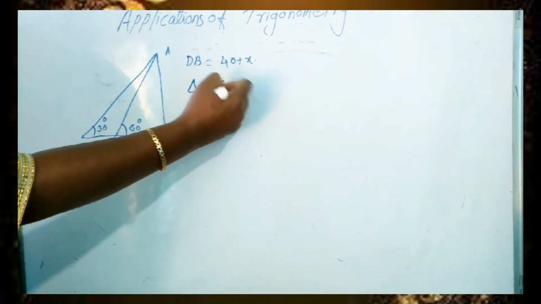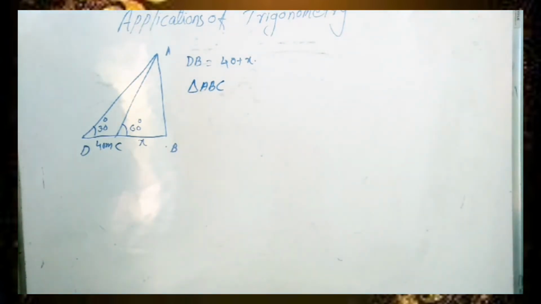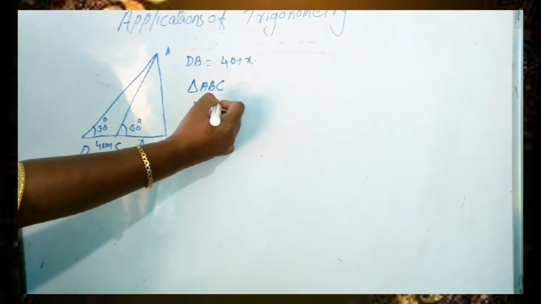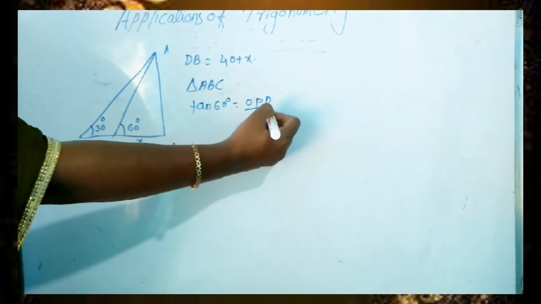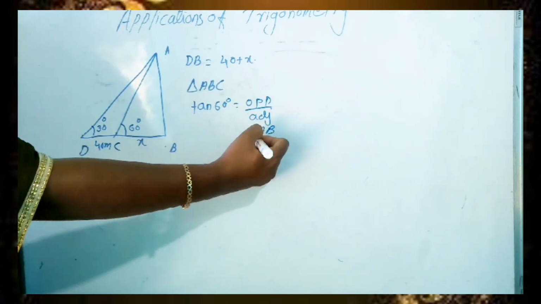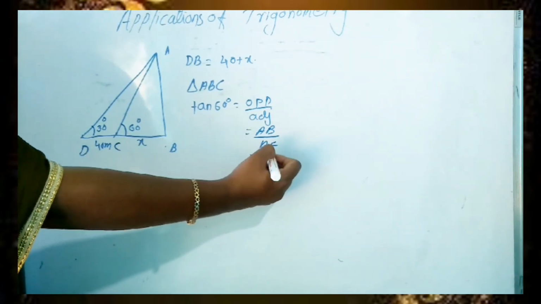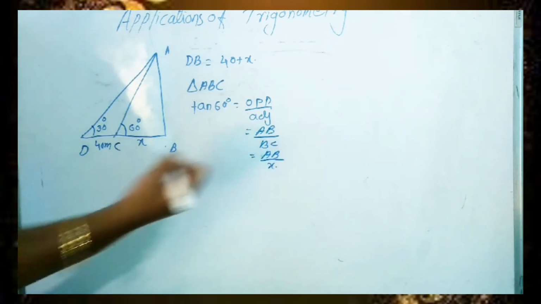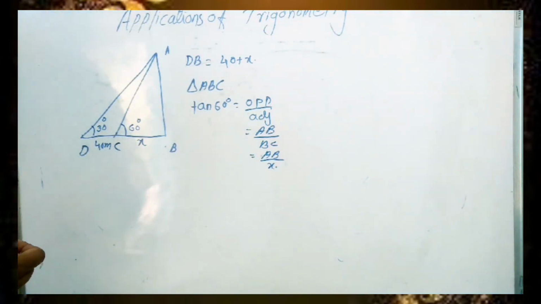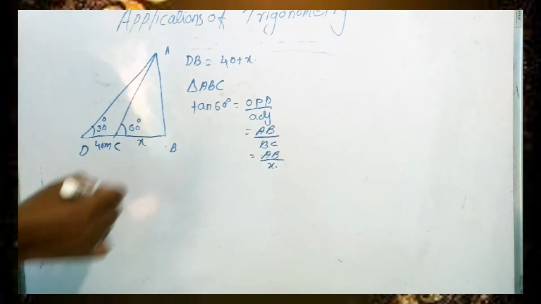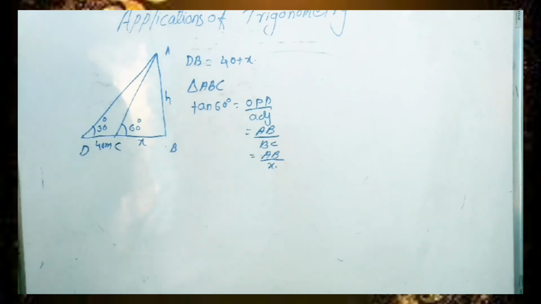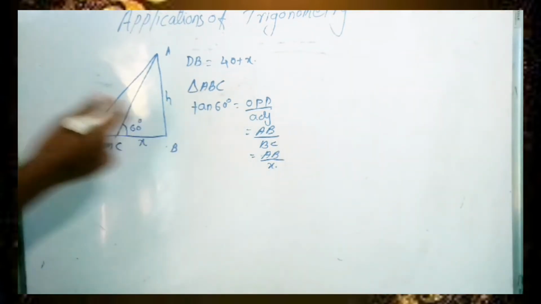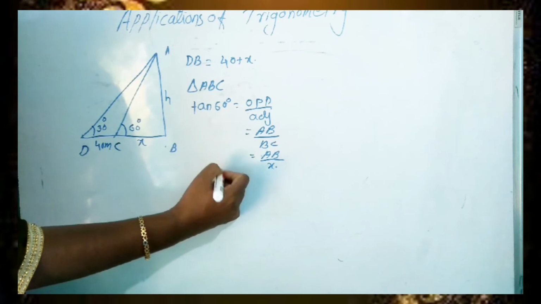Now, consider triangle ABC. Then tan 60 degree, we will get it as opposite side divided by adjacent side. That is AB divided by BC, that is X. Suppose, let this AB be H. And the tan 60 degree value is root 3.